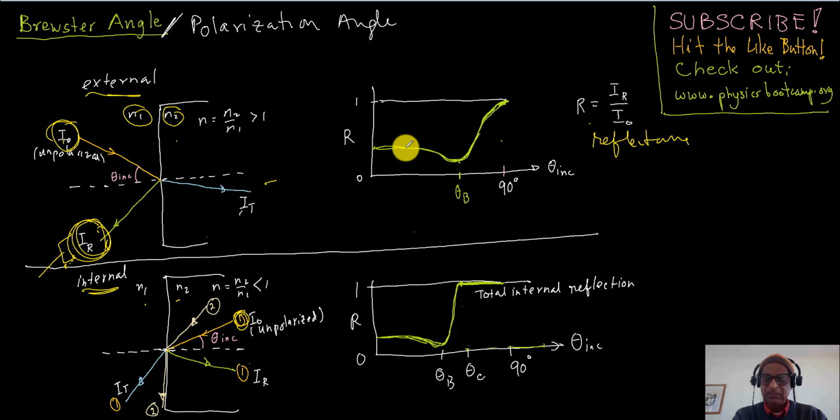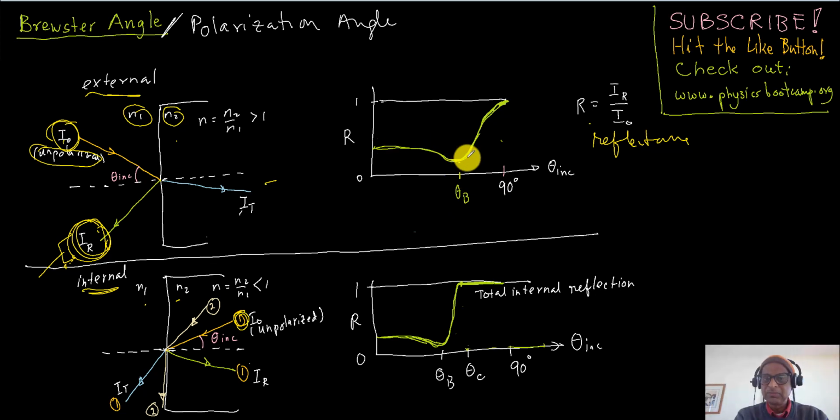You will find that the light has a dip at some point, not quite zero because this is unpolarized light. We'll see that if you have a certain kind of polarized light, this will become zero, but for unpolarized light it has a dip.